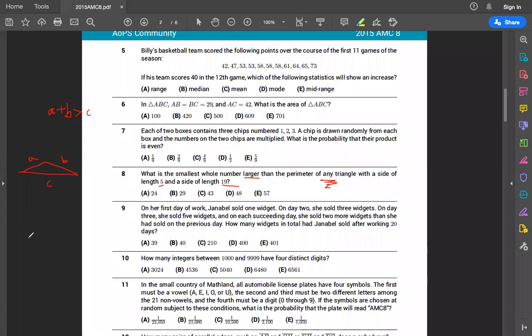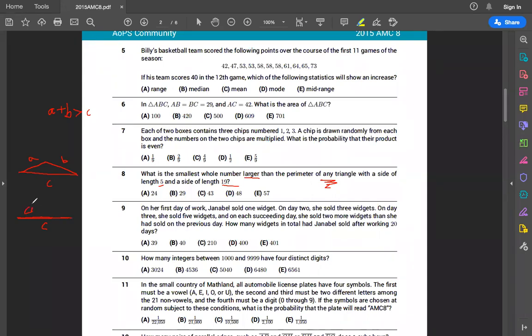And the reason for this is if you imagine a triangle where this is C, and then A and B are both flat, but they still add up to C, then instead of a triangle, we basically have a line.